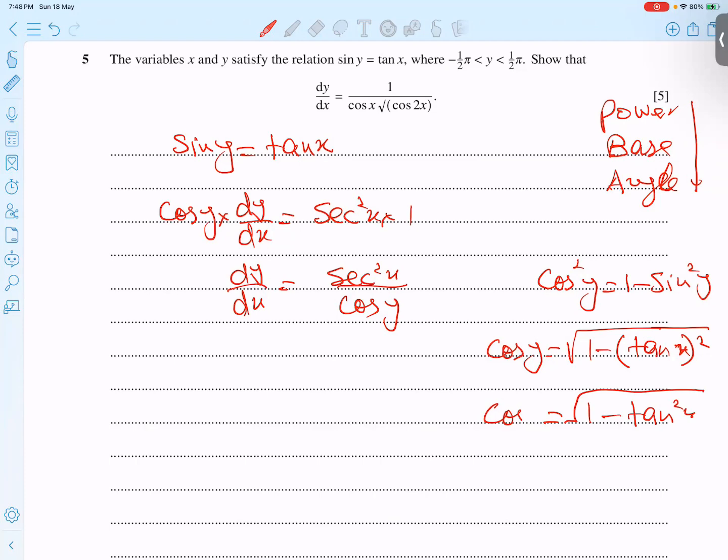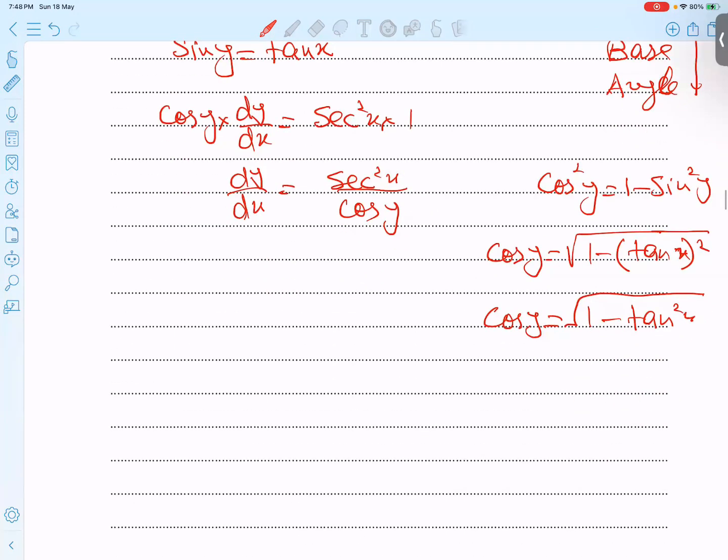Now, how to handle this kind of thing? Basically, students, I know that sine square x plus cos square x is equal to 1. If I divide the whole equation by cos square x, this formula is available with us: tan square x plus 1 equals secant square x.